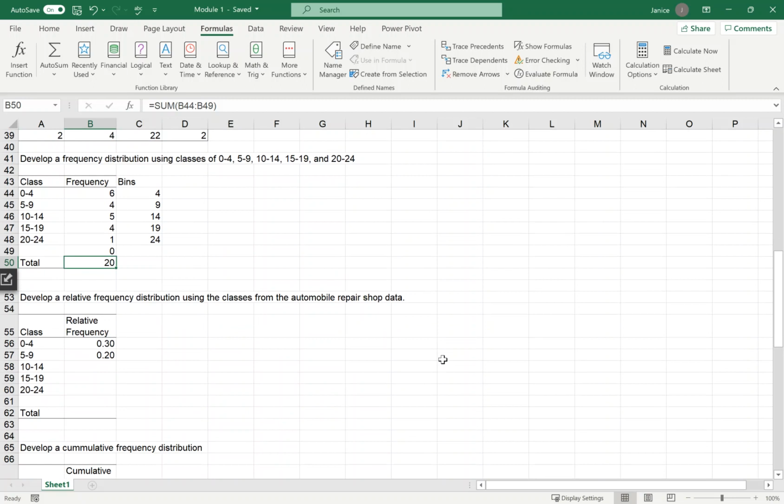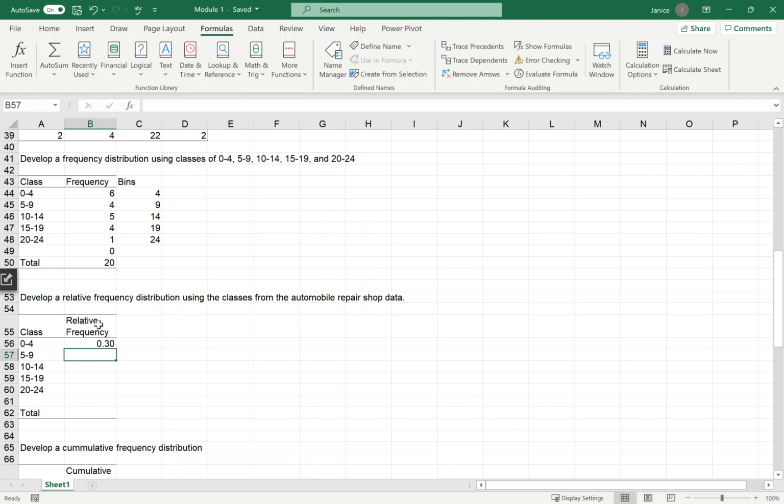Then we're asked to develop a relative frequency distribution using those classes. So we know that in class 0 to 4 there are 6, but there's a total of 20. So we would say equals 6 divided by 20. So there's 0.30.